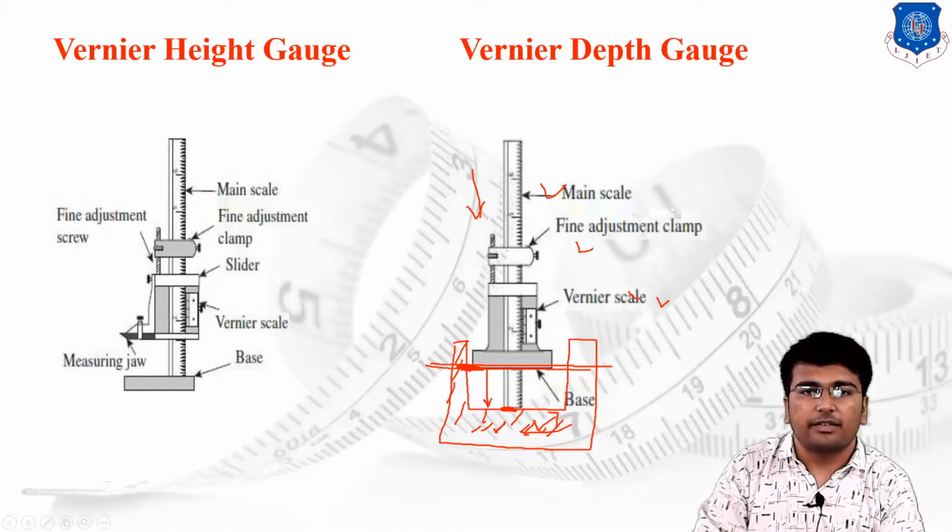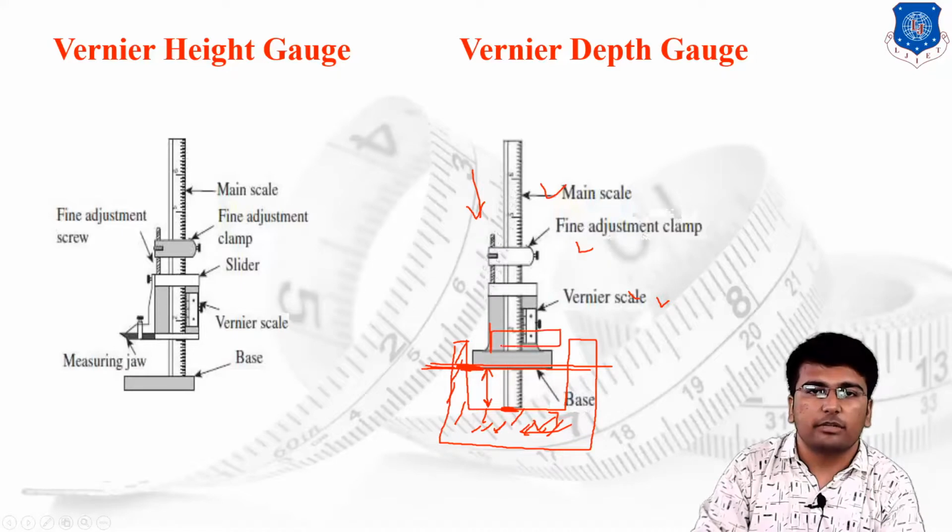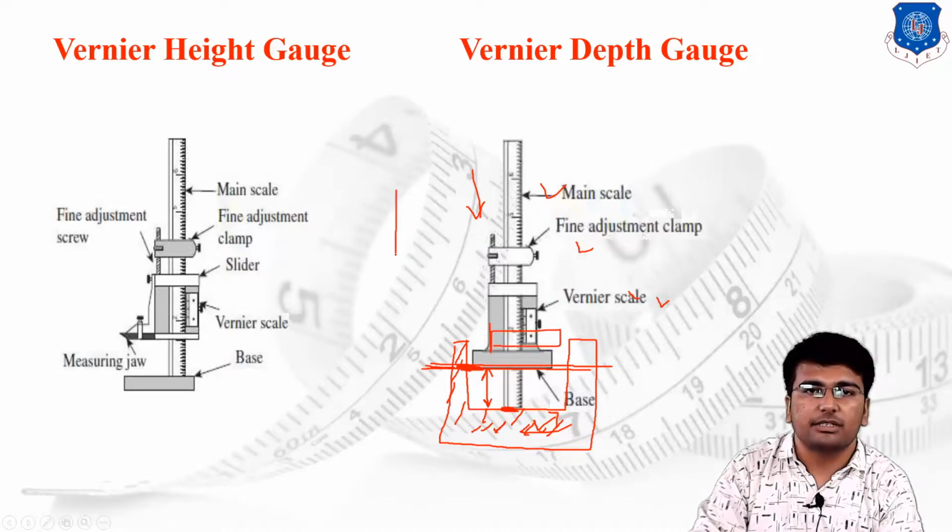Then the difference of height between the base and the scale is located over this scaling setup, and using the same concept of auxiliary scale and main scale, you find the final reading.